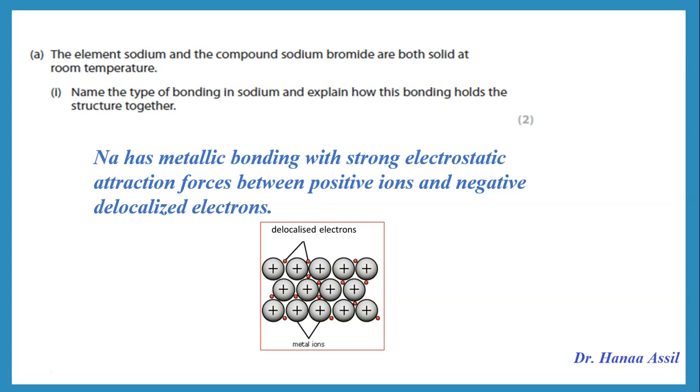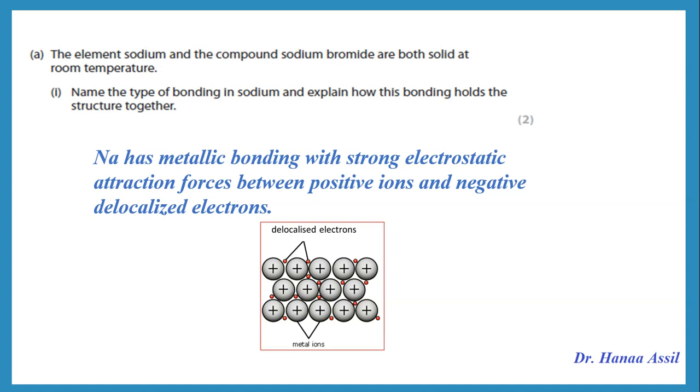Now, how is the structure held together? Remember that in a metal we have strong electrostatic attraction forces between what? If we're talking about a metal, it is between positive ions and the negative delocalized electrons.